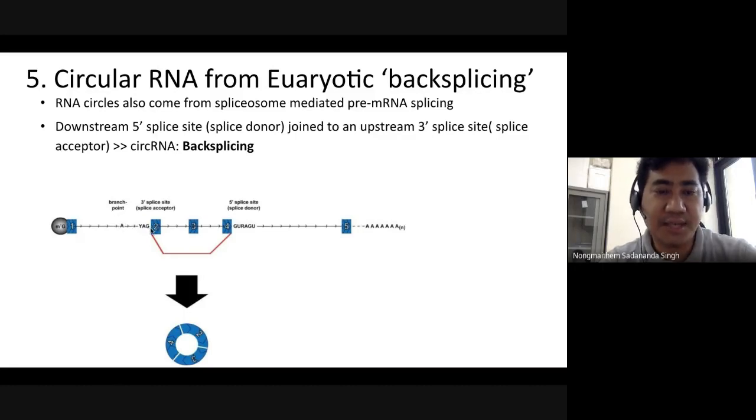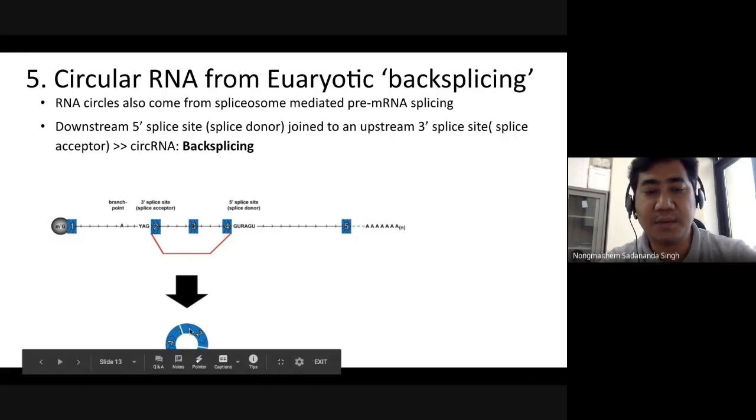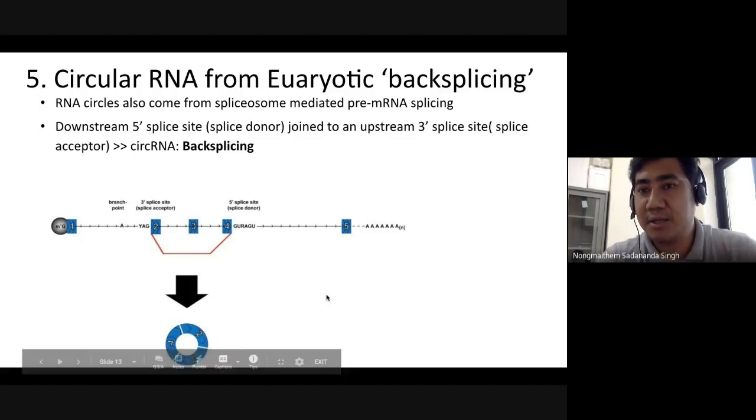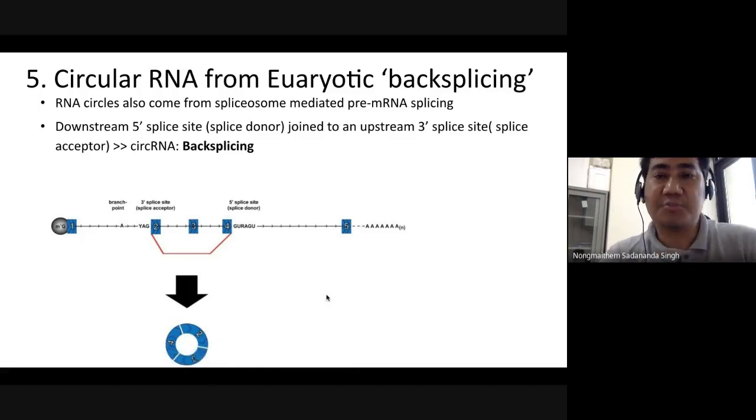Now this acceptor, rather than accepting the donor sequence from the first exon, accepts from the donor at the 3' end of exon 4. So exon 4 is ligated to, or spliced to, exon 2, and the order becomes a circular RNA. These are very, very common in the human genome or in the human system.